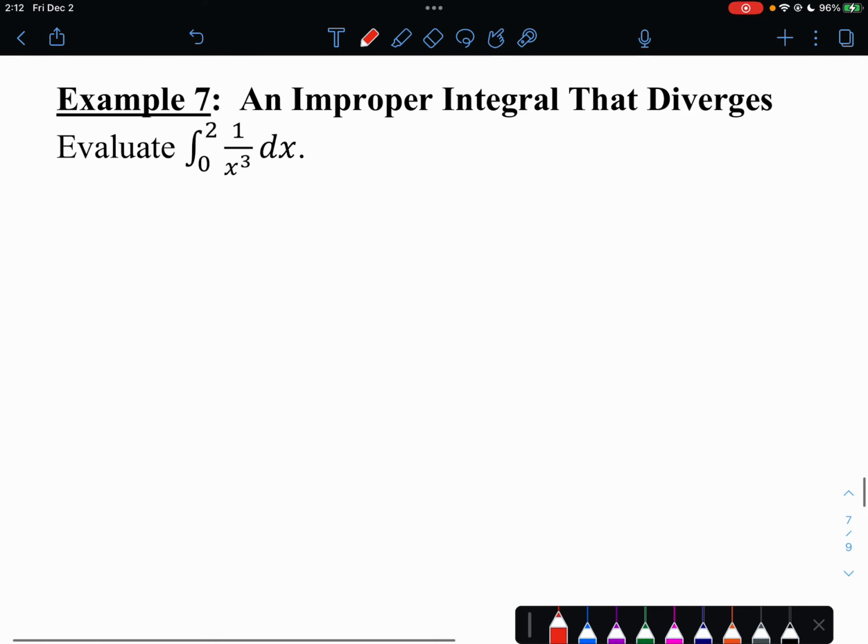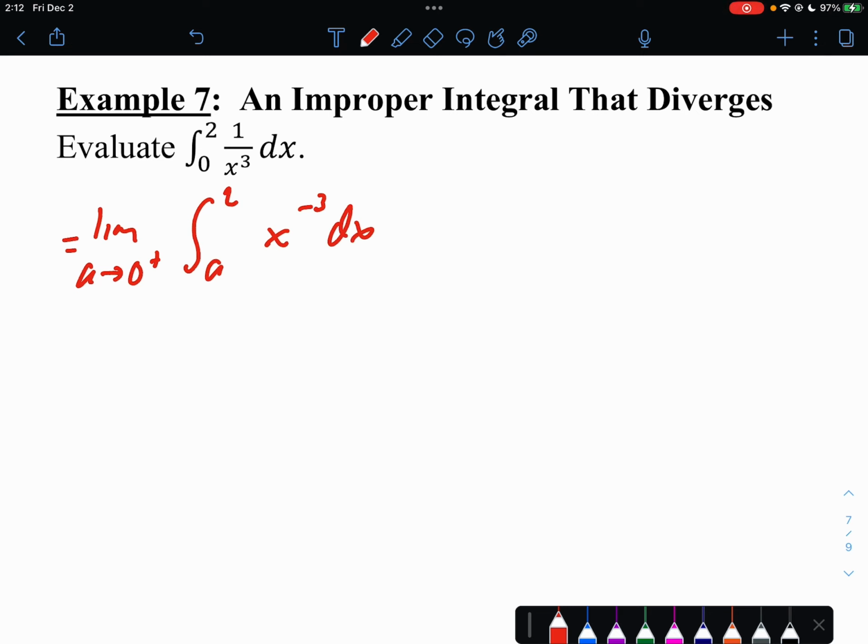Again, we have number 7 here that has a lower bound issue. The function is not continuous at the lower bound. So I'm going to write what I wrote in the last one, limit as a approaches 0 from the right of our integral from a to 2 of, I'm actually going to change that to x to the negative 3. So that's limit as a approaches 0 from the right of x to the negative 2 over negative 2.